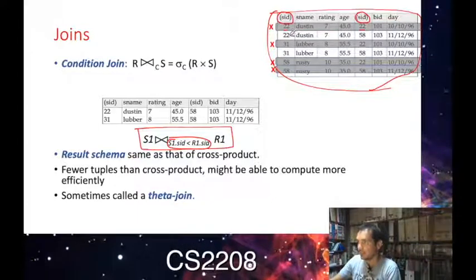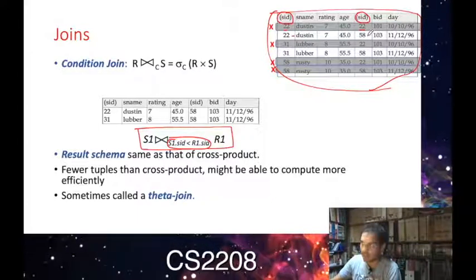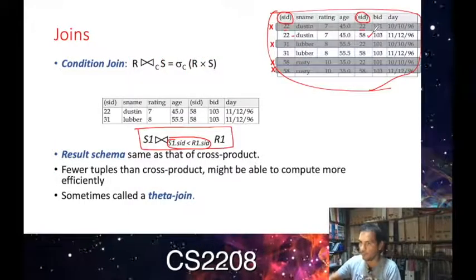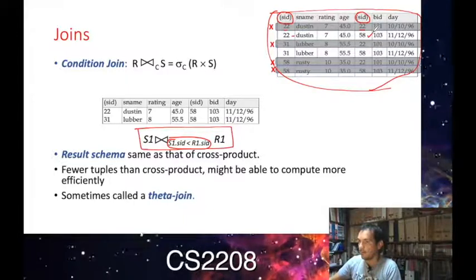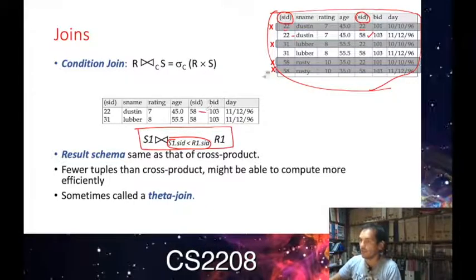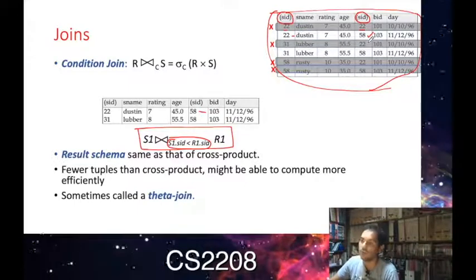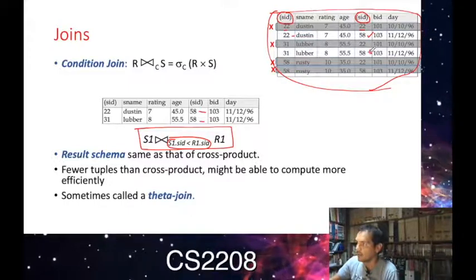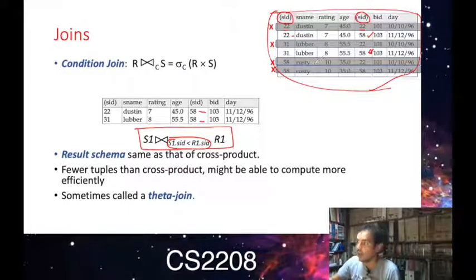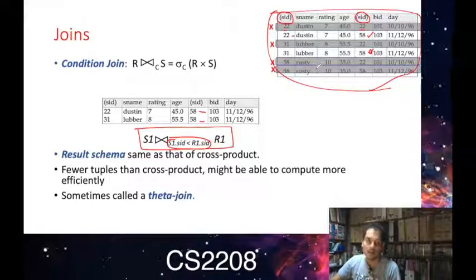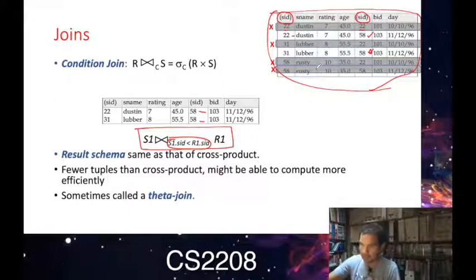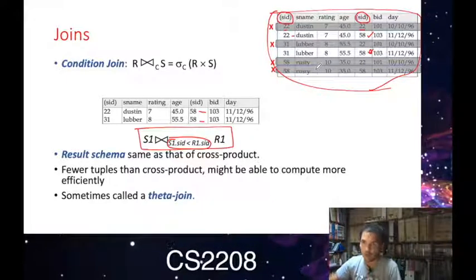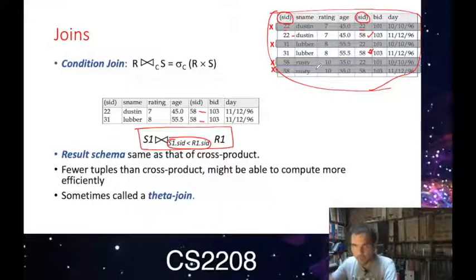This one is less: 22 is of course less than 58, so this one is going to be in the output. We remove the 31 and 22 because it's not satisfying the condition. The second one here is satisfying the condition, and then we remove all the other tuples. And this is a quite popular operator, as I said before.